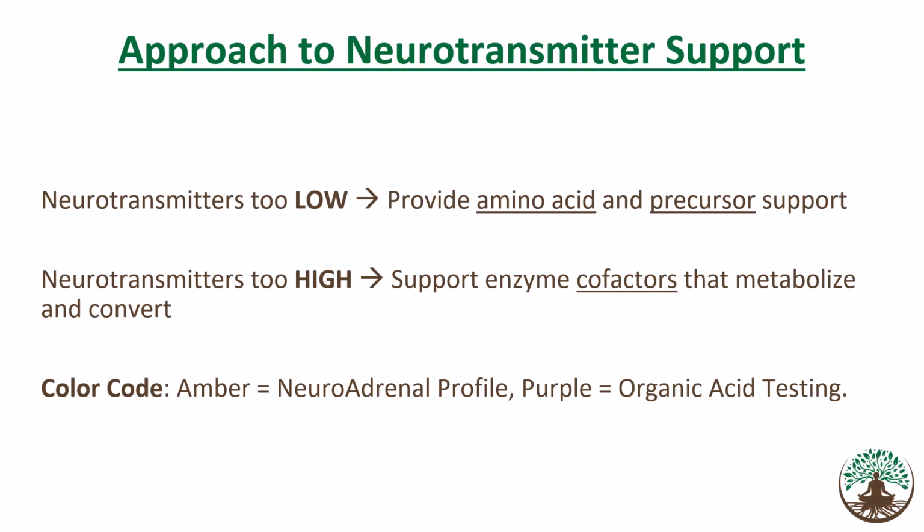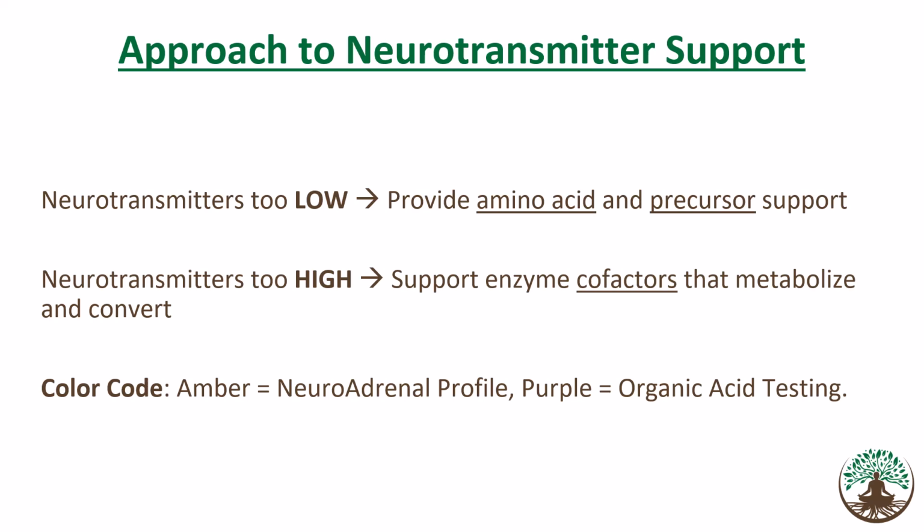In general, when neurotransmitters are too low, consider amino acid and precursor support. On the other hand, when neurotransmitters are too high, support enzyme cofactors that metabolize and convert neurotransmitters. You'll find a supplementary document with this presentation that summarizes the approach for clinical reference.